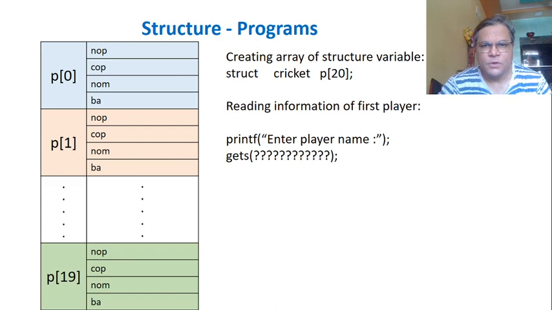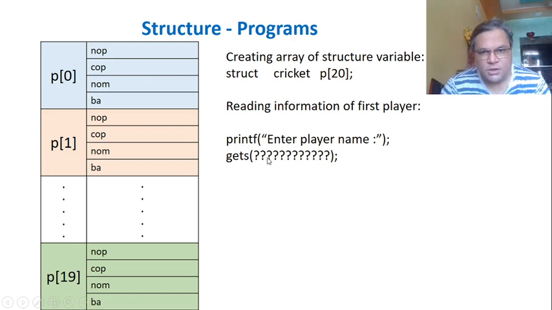Let us see how we will read the information for a first player. So it is very simple interaction. We will ask the user to enter player name, and since player name is going to be a string, we should use a function gets for reading the string. You can see I am not using scanf, I am using gets for reading string from user. Question is what I should write here. Here I should specify destination location, that means where I want to store the string.